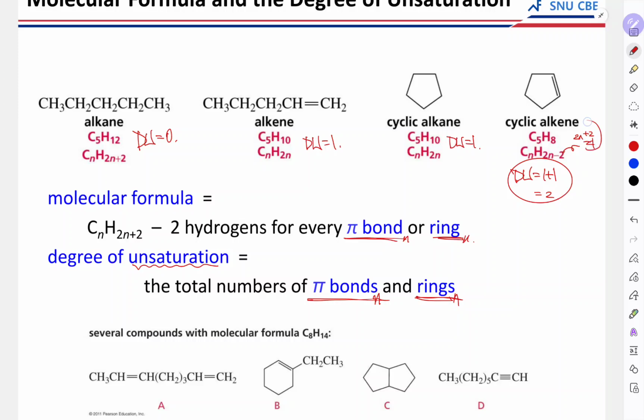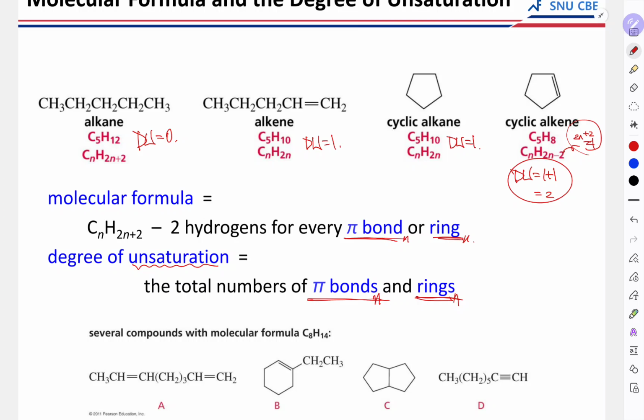So hydrogen decreased from 12 to 10 to 8. This molecule, a cyclic alkene, has a DU of 2. And then you can analyze further: it has 1 ring and 1 pi. You can generalize this to all molecular formulas, basically.